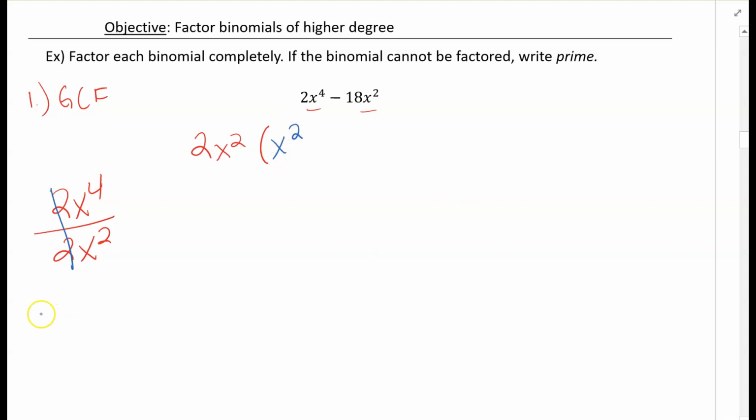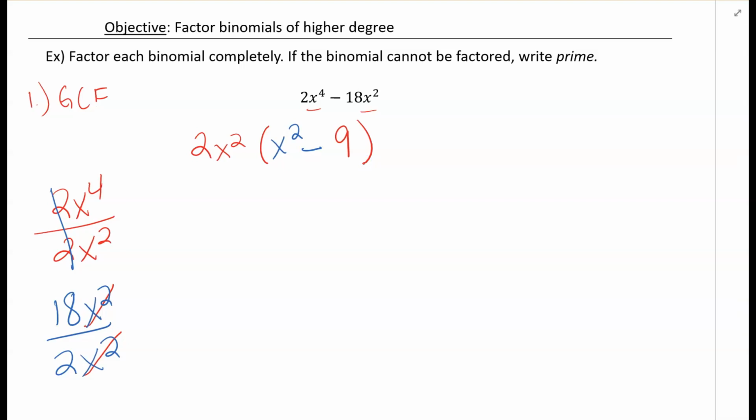And then you still have the negative, so I'm going to copy the negative. And then 18x squared divided by 2x squared. The x squared divided by x squared is going to be 1, and then 18 divided by 2 is going to give you 9. Okay. If that's kind of confusing, I apologize.